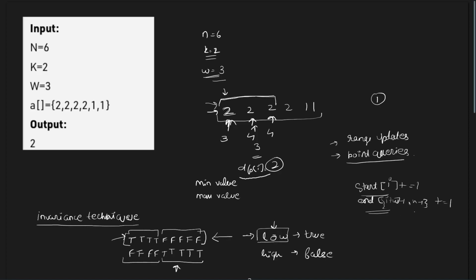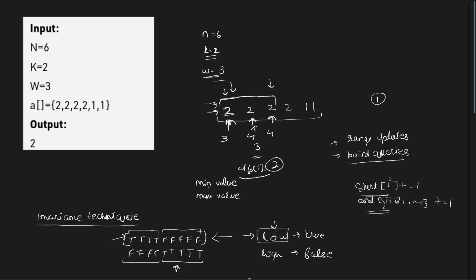I'll have to update the start and the end values, because now a range will start from here and end here, right? So I have to update the start and end of these two positions. Now dp of I would be computed accordingly, and then I'll just update the values.